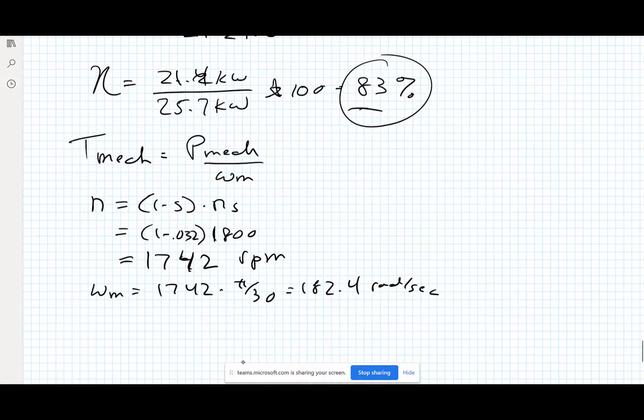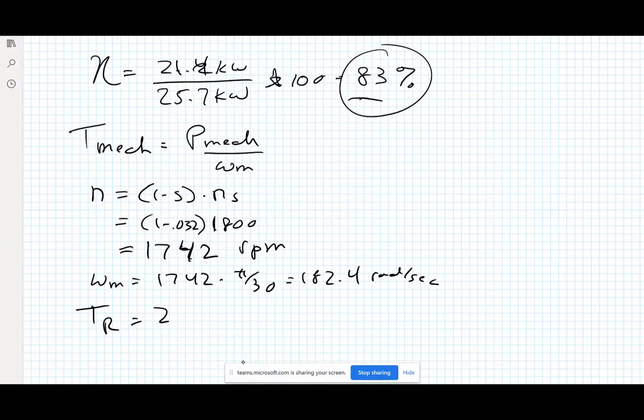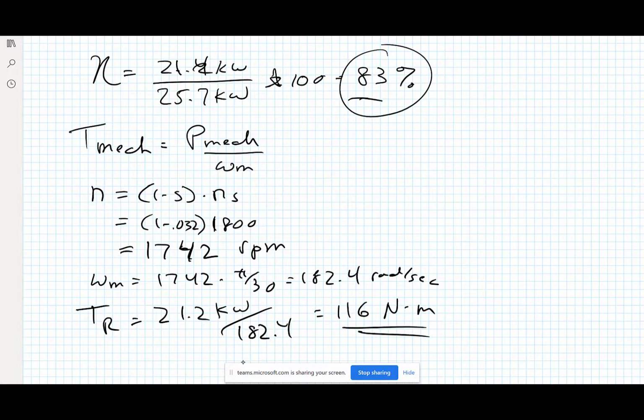And so my rated torque is my mechanical power, 21.2, divided by 182.4. And there it is. That's 116 Newton meters.